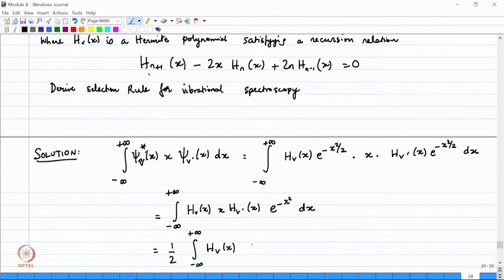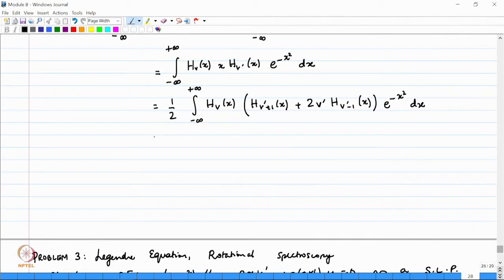So, I will get h v prime plus 1 of x plus 2 v prime h v prime minus 1 of x, and then I have e to the minus x square dx. So, I took the half factor down. So, what you get is that you will get two terms.